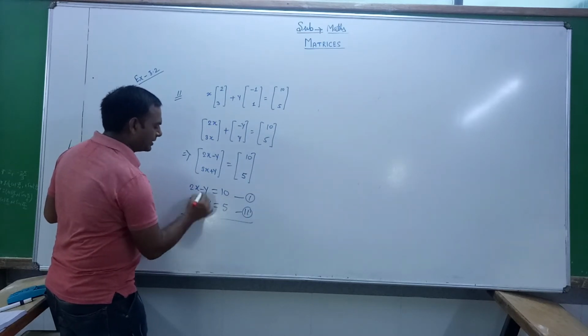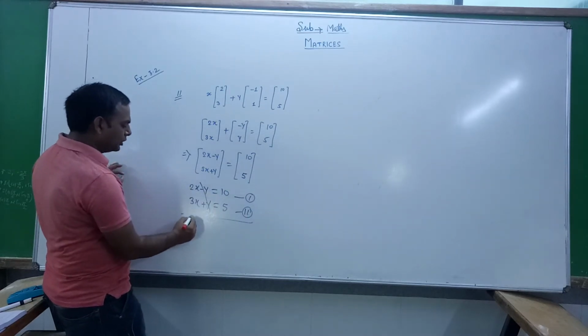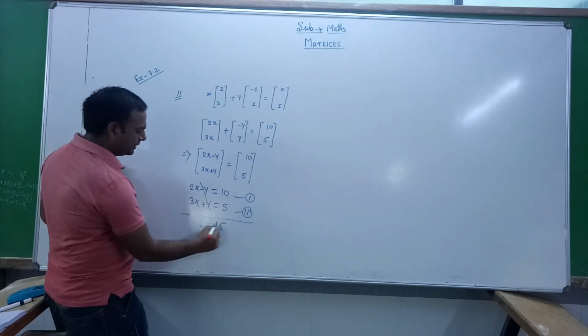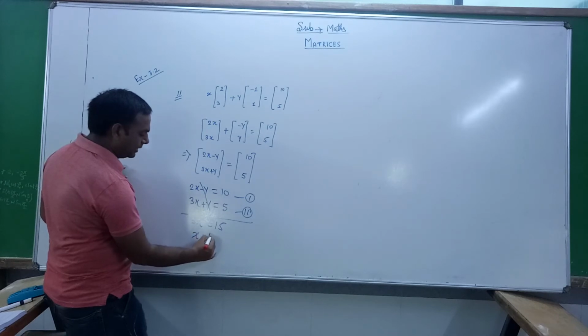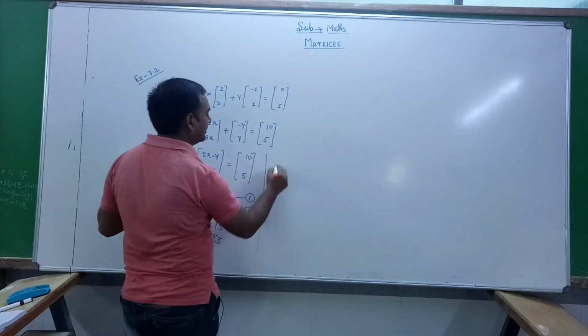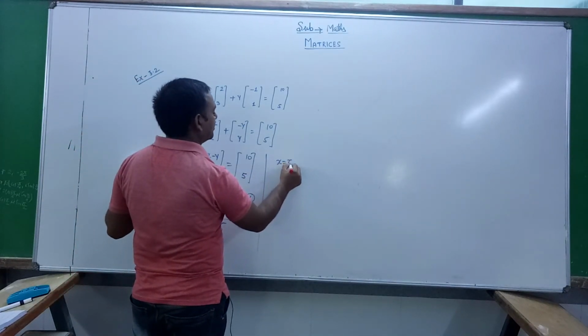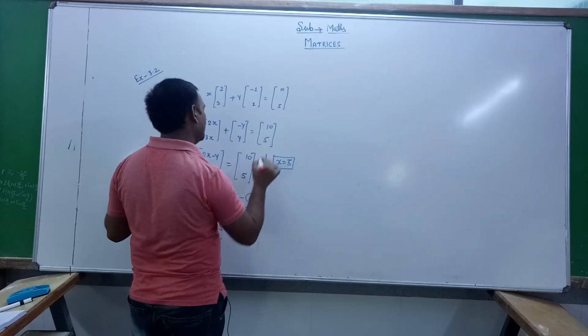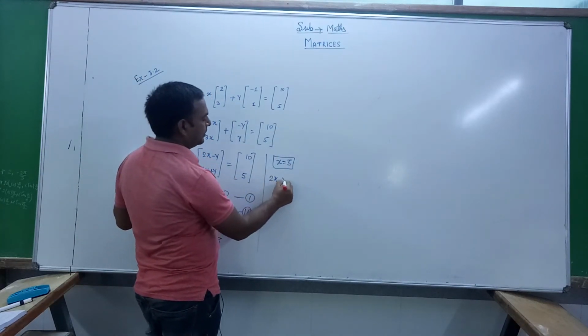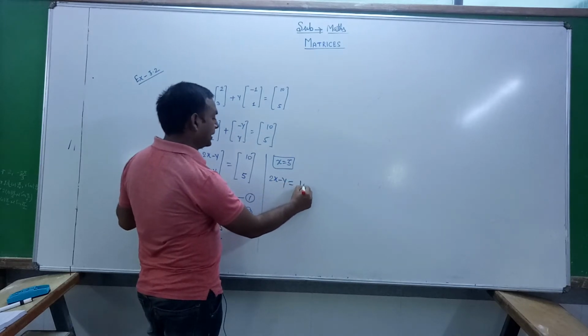Here we are adding the equations. The y terms cancel each other. 2x plus 3x is 5x that is equal to 15. So x is equal to 15 by 5, which means 3. So the value of x is 3. Second, 2x minus y is equal to 10.